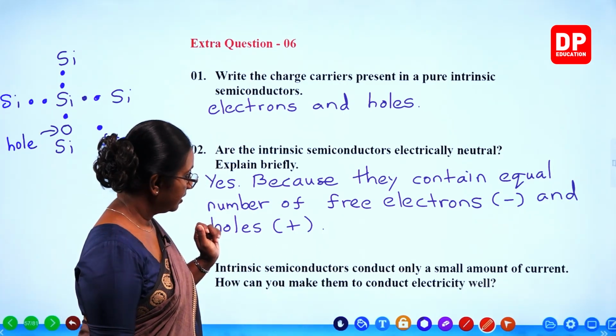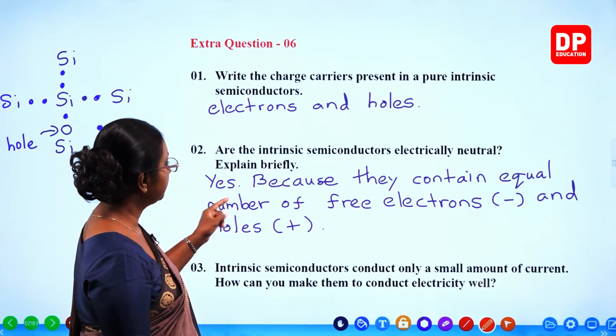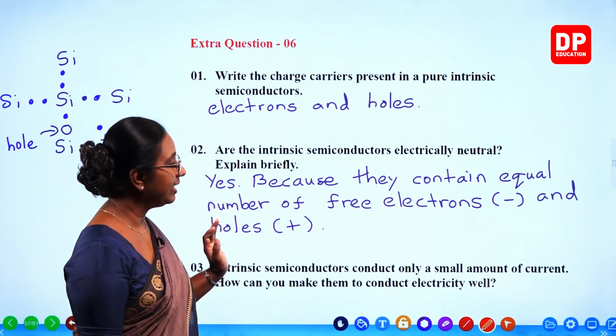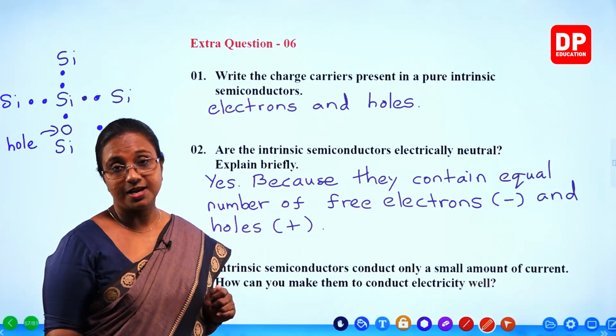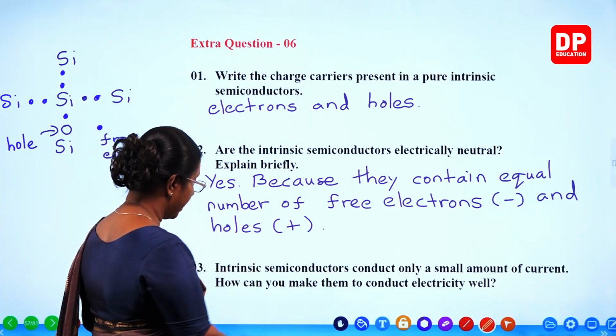So they are electrically neutral, yes, because they contain an equal number of free electrons which are negative charges and holes which are positive charges. So that is the answer.